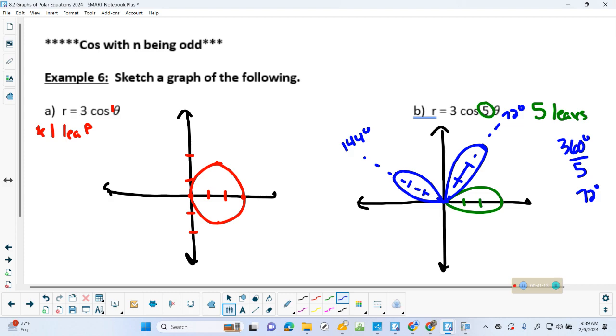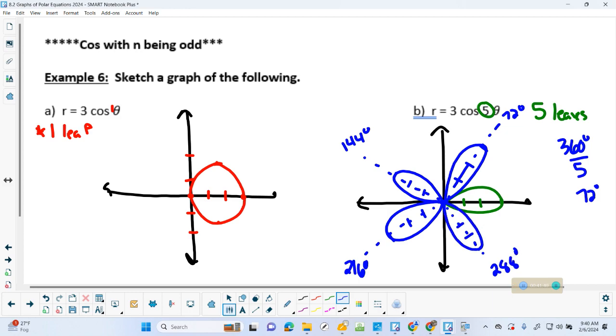What do you got? 216. So I'm estimating that, of course. Okay, and we've got 4 up there. We need 1 more. Add another 72. What's 216 plus 72? 288. Okay, so I'm at 270, 288. I'm going to ballpark it, right?